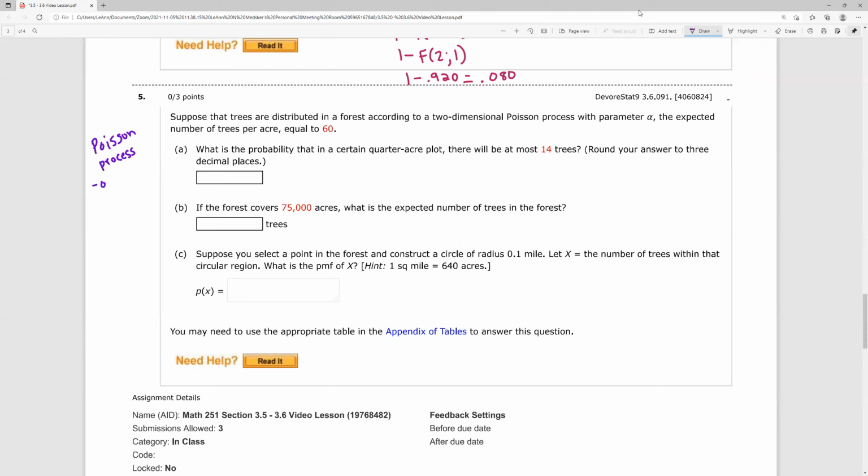This measures and looks at the occurrence of events of some type over time, which for us, this one, they're telling us to model it with a Poisson process, we're kind of doing it over area instead of over time.